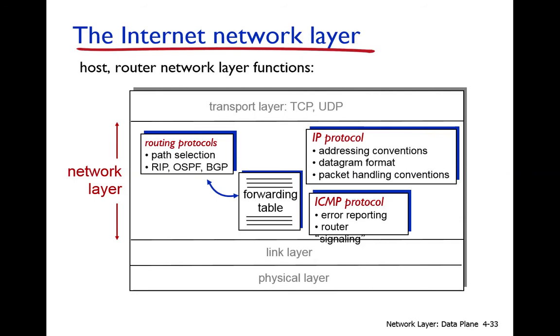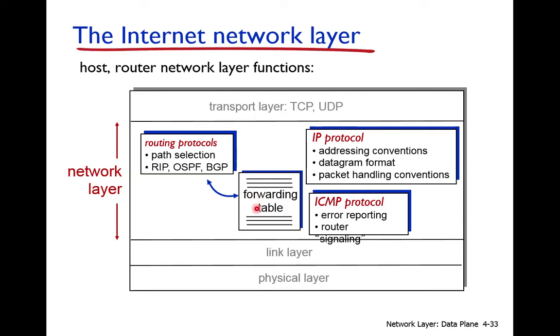As we know, what is the functionality of the network layer? Its first functionality is forwarding. That is, when a packet arrives, the packet header is examined, for example, the destination IP address in the packet. So the IP address will be searched in the forwarding table.